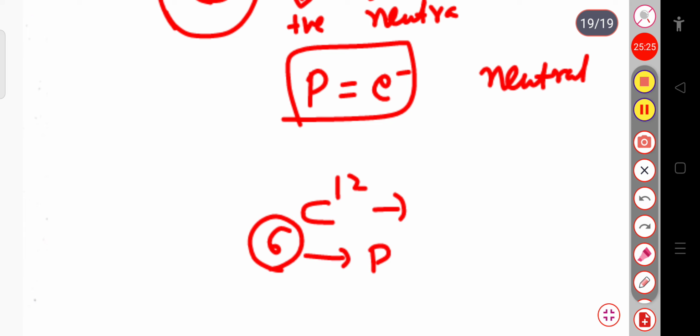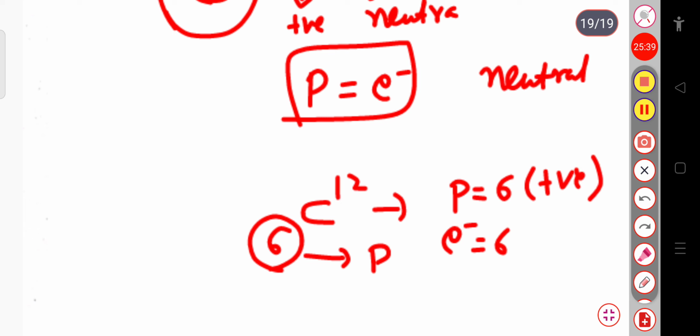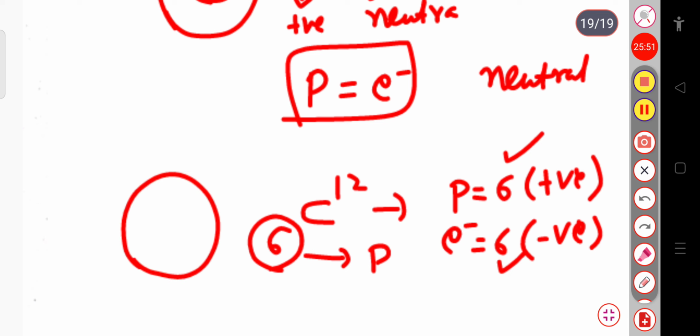So there are 6 protons and 6 electrons. The 6 individual protons carry positive charge, so it has 6 positive charges, and in the case of carbon there are 6 negative charges from the electrons. When 6 positive and 6 negative charges combine, as a whole they form a neutral atom. Okay, so this is all about the constituents of the nucleus.